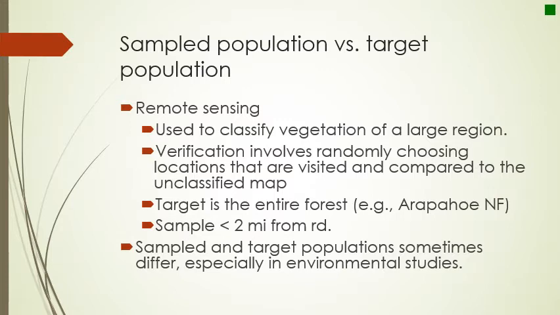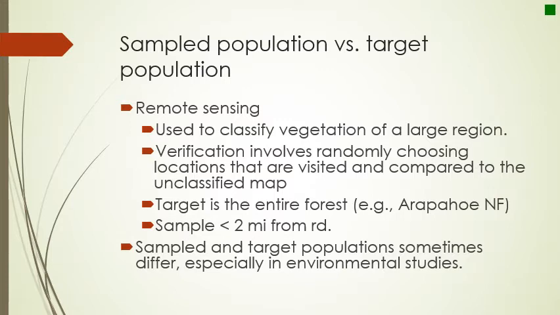And to help inform the satellite data and the computer algorithm that we use for taking those satellite readings and translating it into different types of vegetation, grassland, shrubland, ponderosa pine forest, etc., we often have to go out into the field, choose locations, and compare the vegetation on those locations to our unclassified map, and that helps a computer determine the best ways to differentiate different vegetation types.